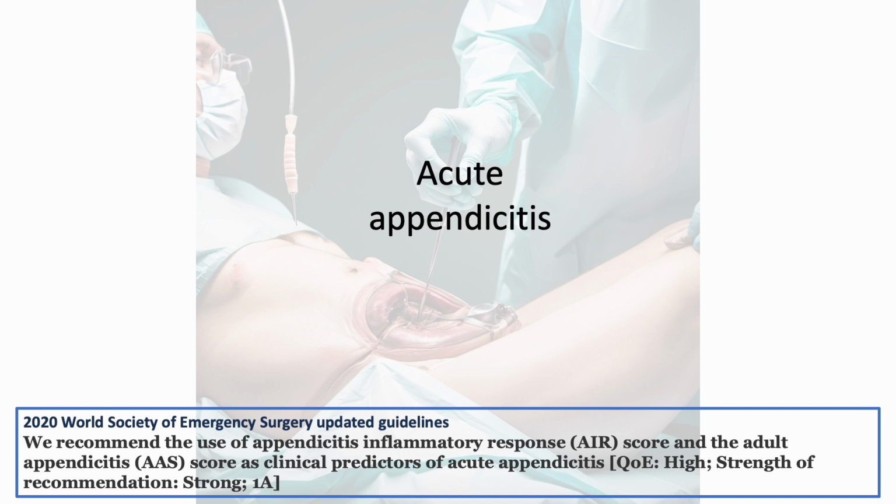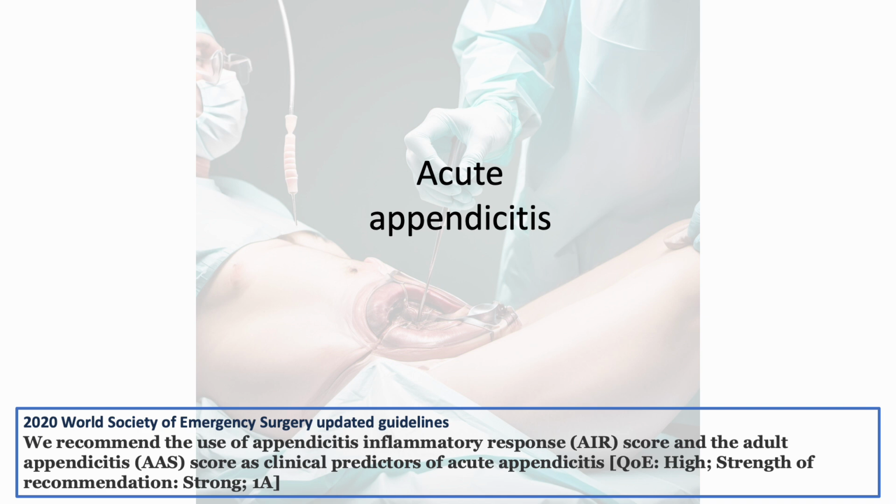The 2020 World Society of Emergency Surgeons guidelines recommended the use of the Appendicitis Inflammatory Response, or AIR, scoring system, and the Adult Appendicitis Score, the AAS scoring system, to predict the possibility of acute appendicitis in patients presenting with acute abdomen. That gives you an idea that acute appendicitis usually is a straightforward diagnosis, but sometimes can be really challenging.